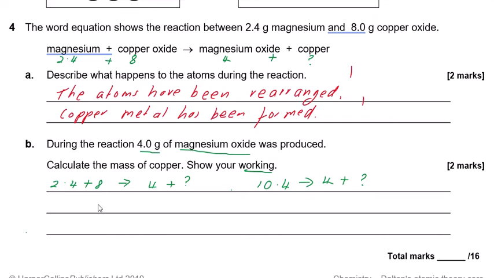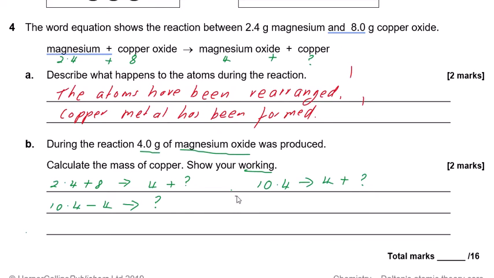Now, from your maths, you're probably able to remember that means we can say 10.4 take away 4 will give you whatever the something is. And if you take away 4 from 10.4, that will give you 6.4.